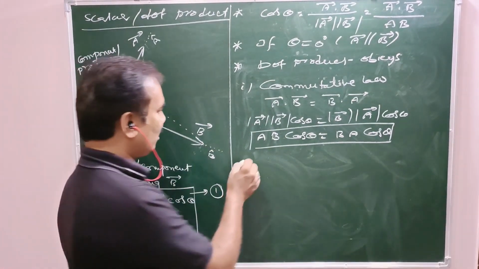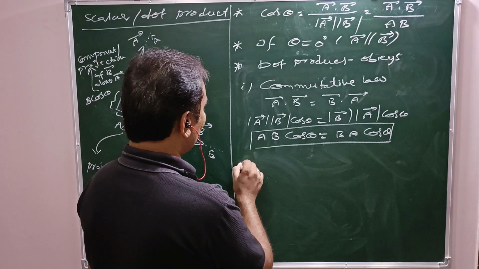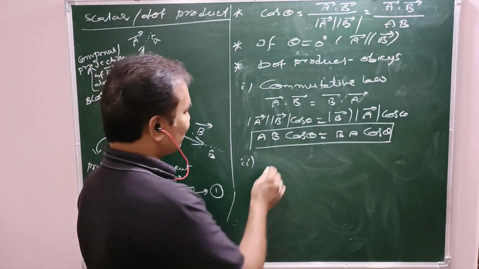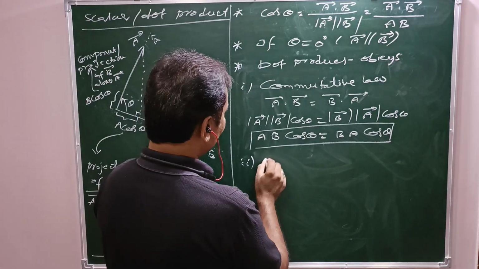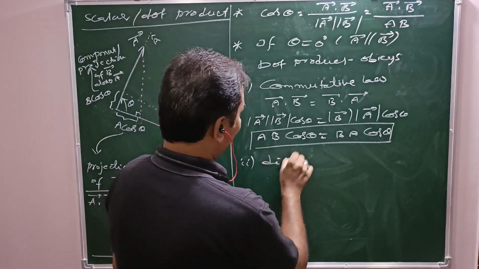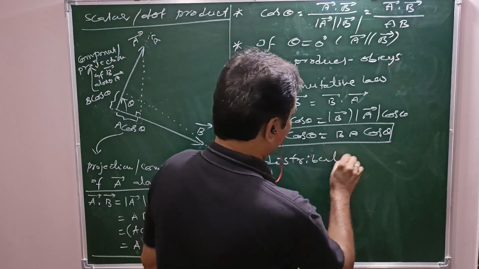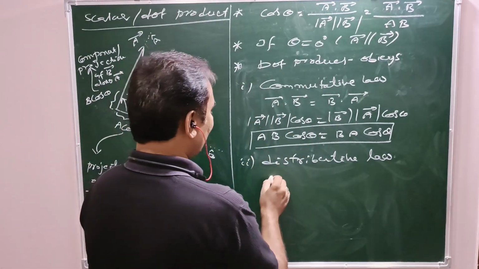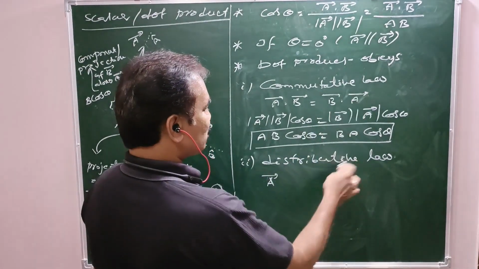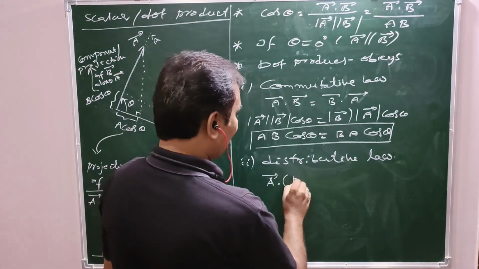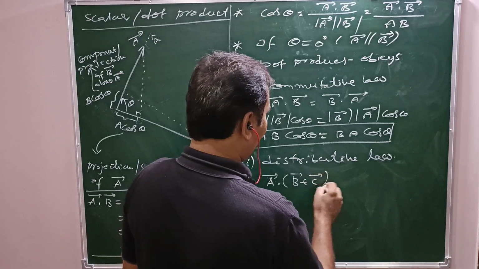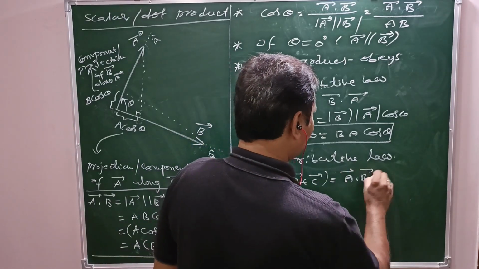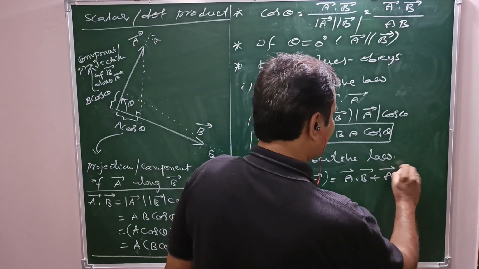Okay. Now let us see the distributive law. The dot product also obeys the distributive law over addition. A bar dot (b bar plus c bar) equals a bar dot b bar plus a bar dot c bar.